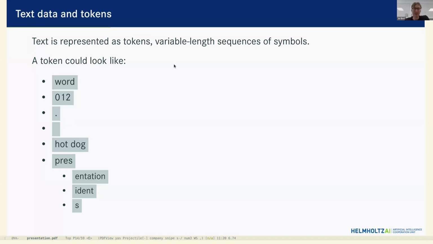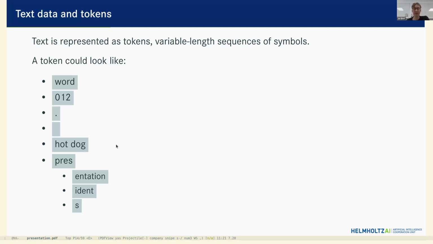This is, again, a very abstract and general description. So I put some examples here to show you what tokens could look like. For example, a word could be a token, or the numbers 0, 1, 2 could be a single token, or a simple period could be a token, or a space symbol, or the two words "hot dog." That could also be one token, even though it's two words.